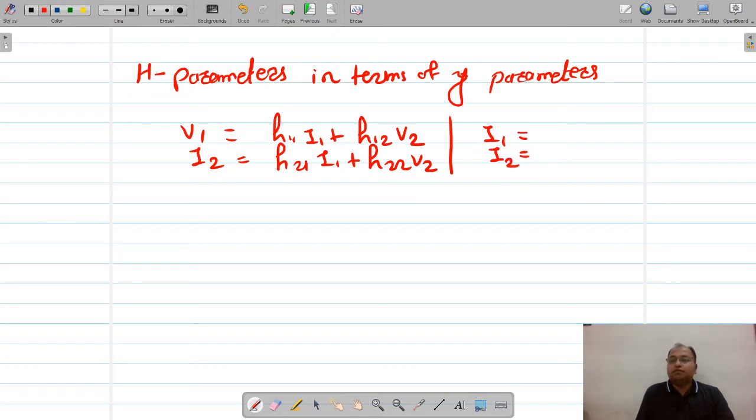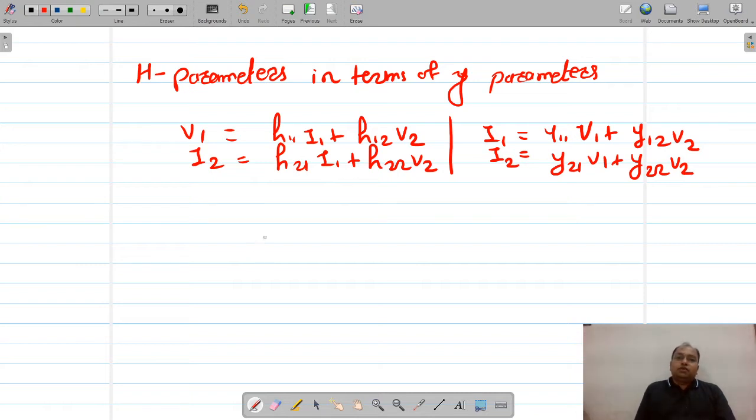I1 and I2 is equal to y11 v1 plus y12 v2, y21 v1 plus y22 v2. Follow the same process. In order to find the first parameter, put v2 equal to 0 wherever it appears in the y parameter equations. So these two terms will become 0, right?